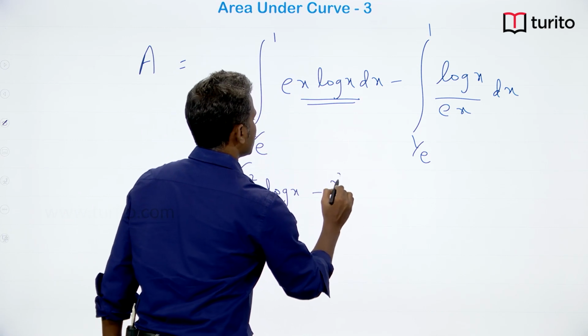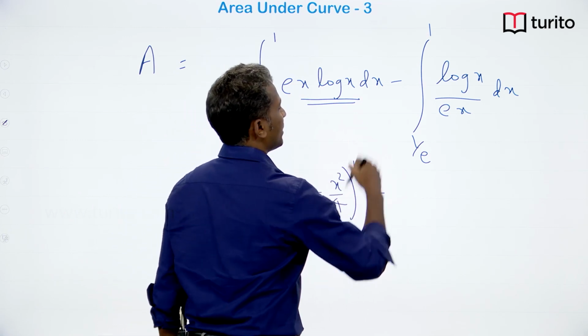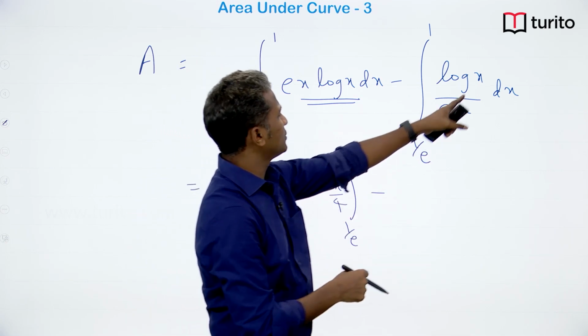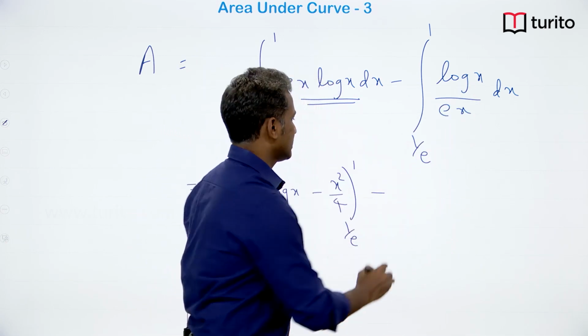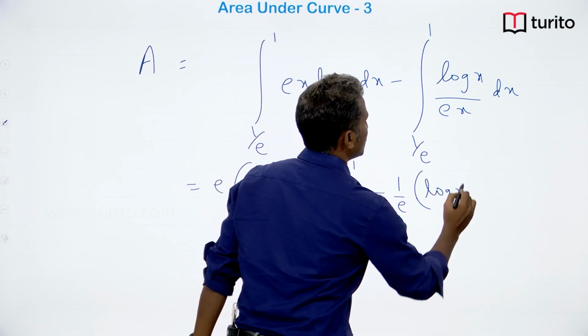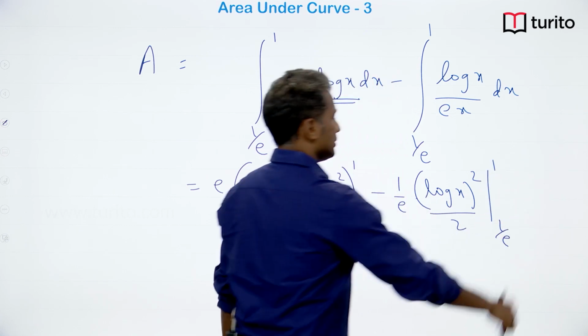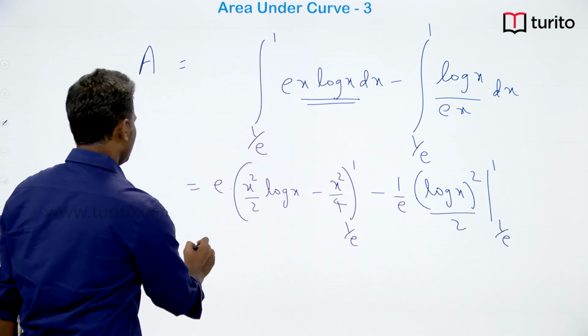So it becomes x square by 4, limits going from 1 by e to 1, minus, what about this? Because 1 by x is the derivative of log x, we can write it as 1 by e into log of x whole square by 2, limits going from 1 by e to 1. Let us simplify these two.